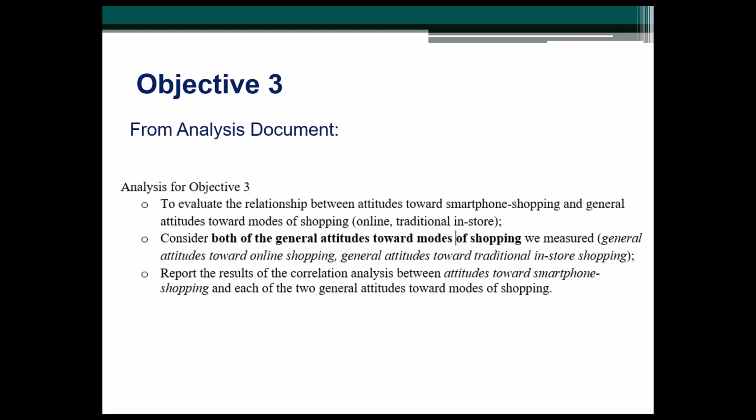Right, so summary here from the front of that analysis document. The objective is to evaluate the relationships between attitudes towards smartphone shopping and general attitudes toward other modes of shopping, so online and traditional. You're going to consider both of those modes of shopping, and then you're going to report the results of the correlation analysis between attitudes towards smartphone shopping and each of those.